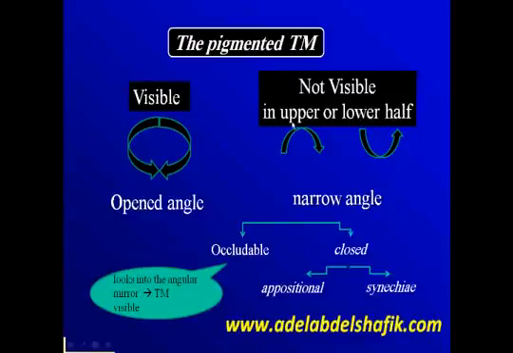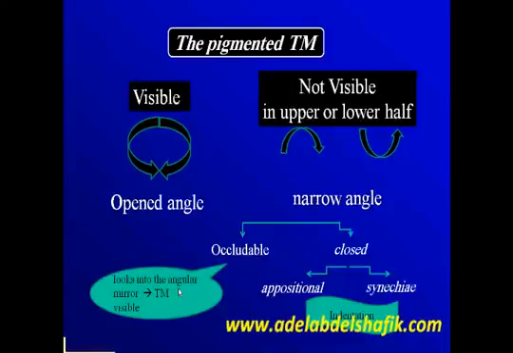So, occludable angle: if you ask the patient to rotate his eye toward the mirror you are using for examination, and you start to see the trabecular meshwork, it's an occludable angle. There is some space between the iris and the trabecular meshwork, and it can only be seen when the patient moves his eye.